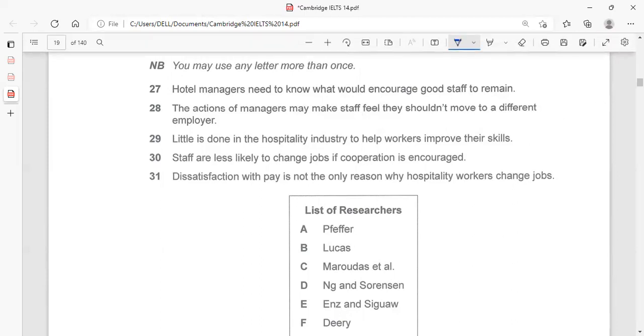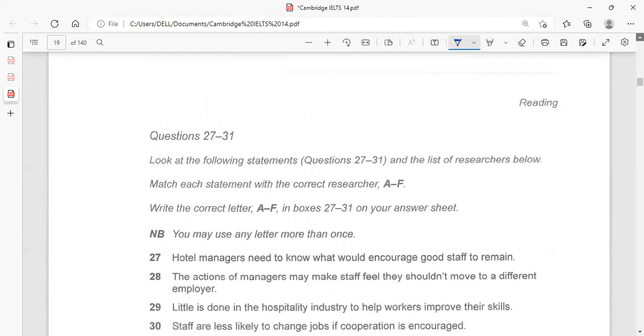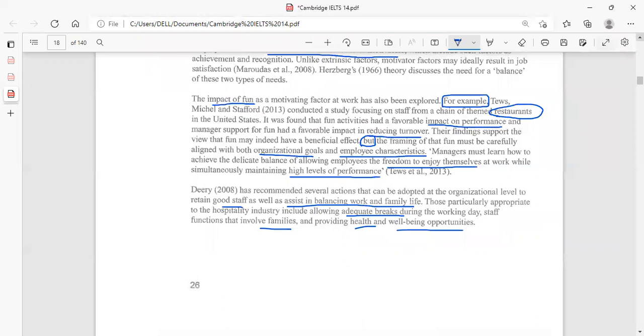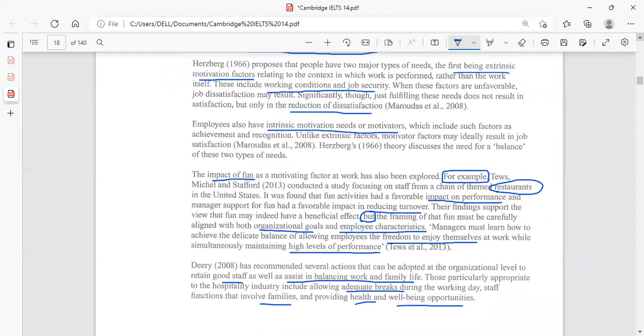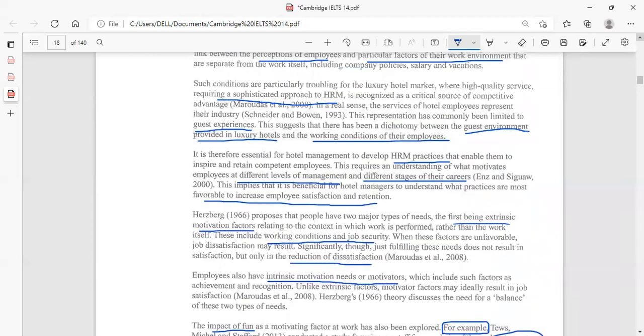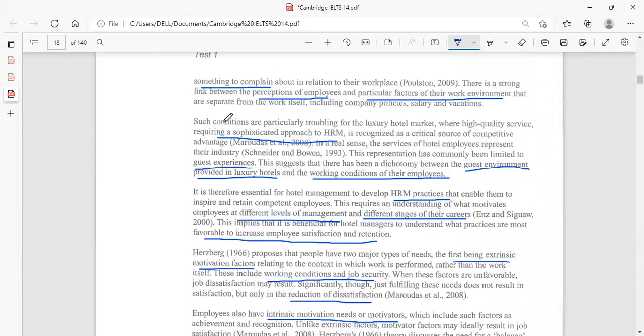So start doing it for this. I think you need the entire passage. So take a screenshot of the entire passage. Take a screenshot of this first. Done? Yes, ma'am. Now take from this part.